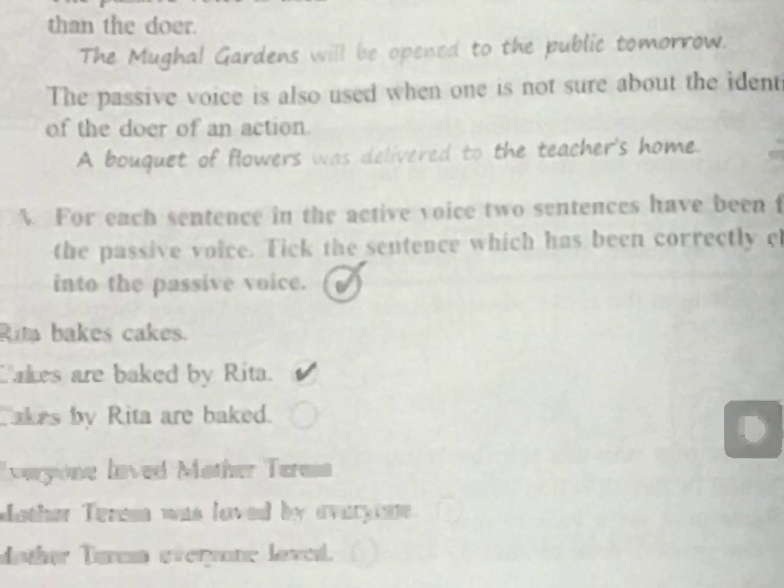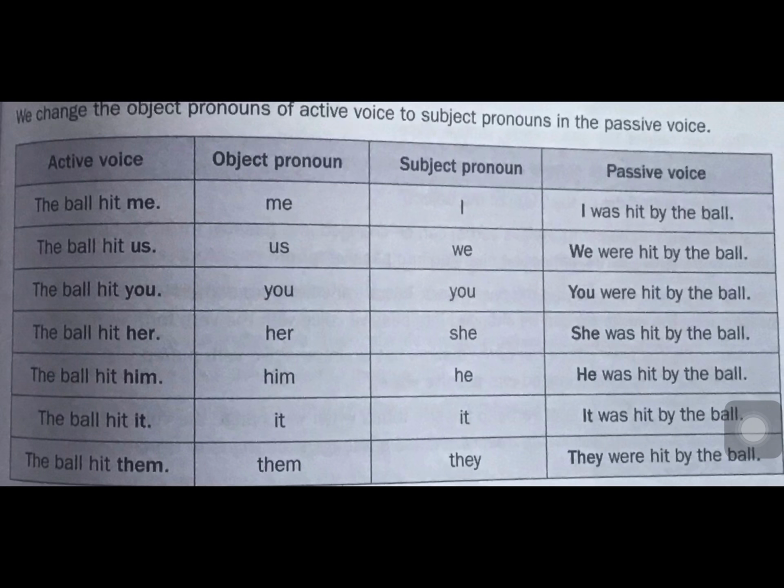See here, children, below this explanation they have started exercises in your Grammar and More. Before we go through that, I want to give you some important tables. So I have kept these slides also. What should you remember? Immediately after looking at the sentence, recognize whether the given sentence is in active voice or passive voice.